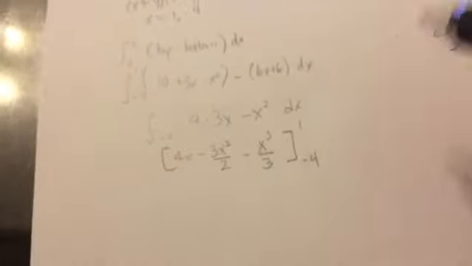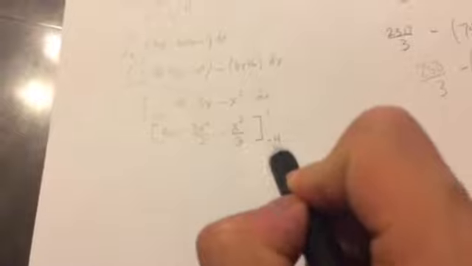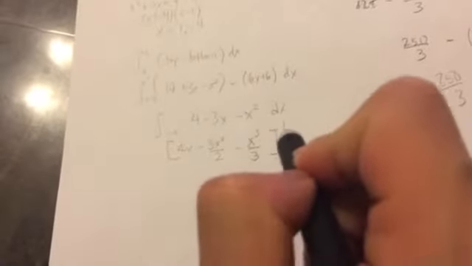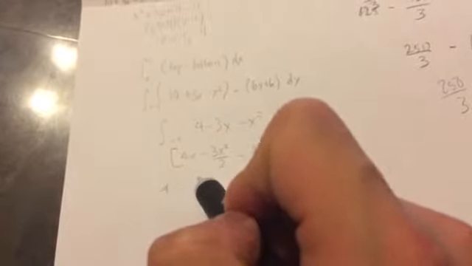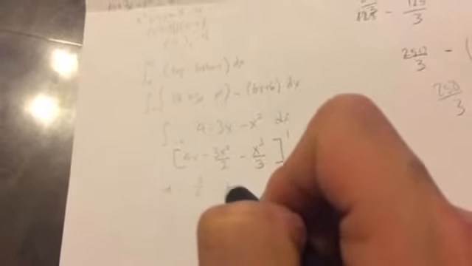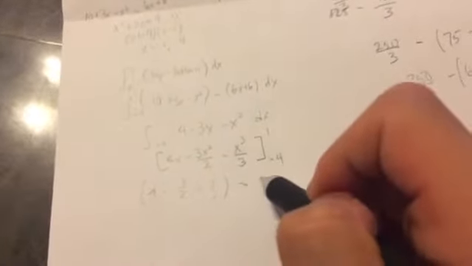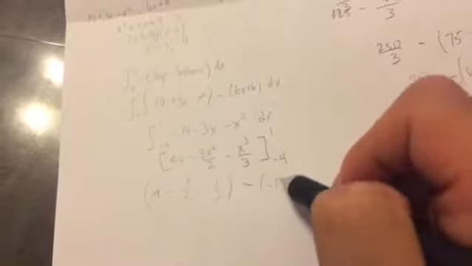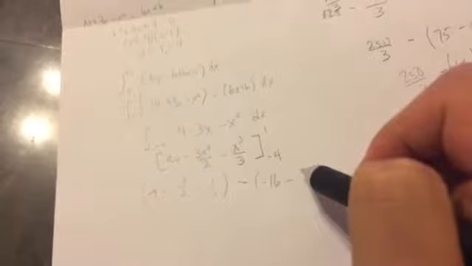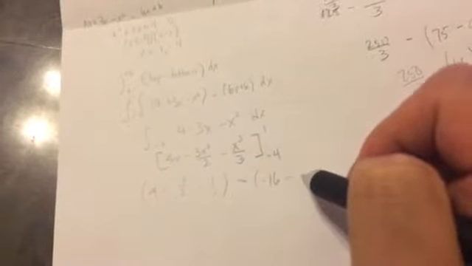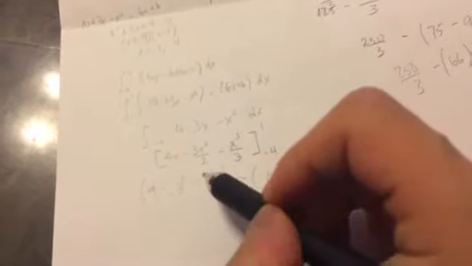Now, you can plug in your numbers. It's always b minus a, so 4 minus 3 halves minus 1/3, subtracted by the a values, which is negative 16 minus 24, if I'm right.